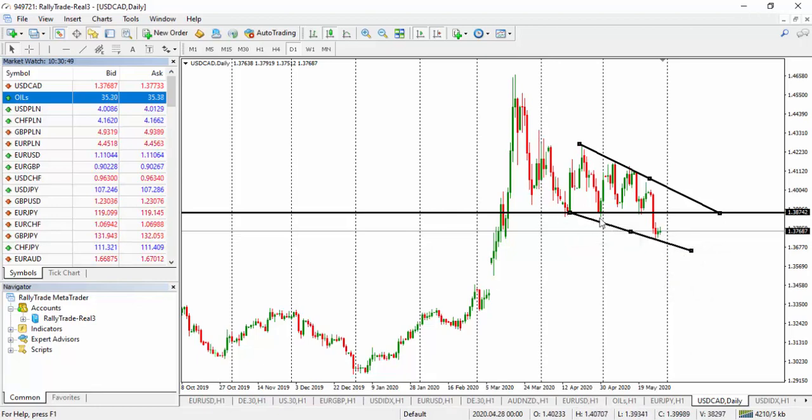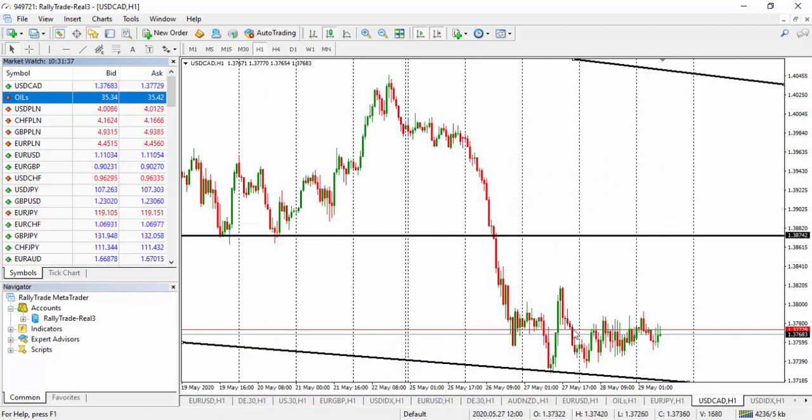Based on this new trend line, we're expecting a retest on this resistance. Looking at the instrument on the early time frame, we can see it also gradually making the move to retest this resistance at this time.